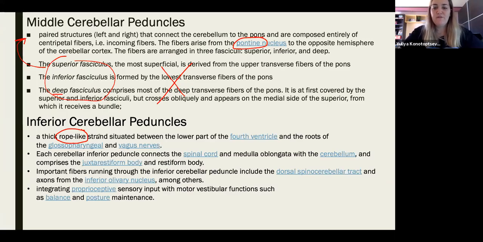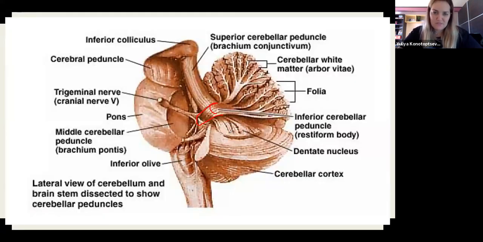The most important thing is that this inferior cerebellar peduncle comprises a structure which is called a restiform body. So this area right here, this inferior cerebellar peduncle, you could say its other name is restiform body. That's its other name.